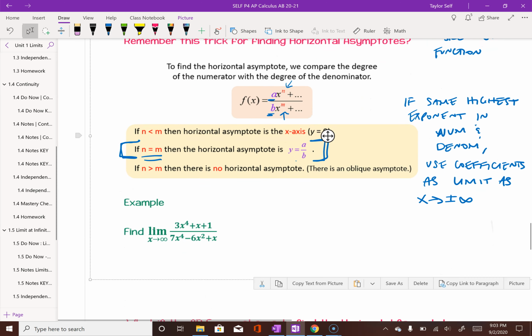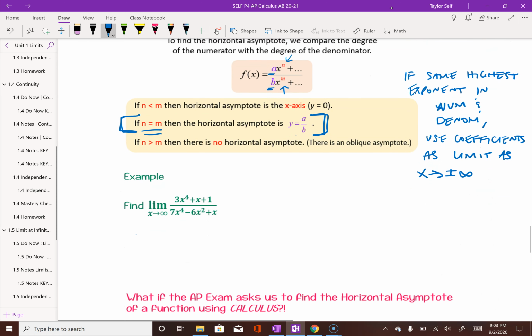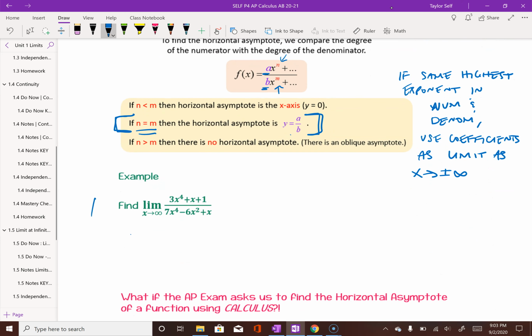Okay, so here's an example of that. Write this example down. Find the limit as x approaches infinity of 3x to the 4th plus x plus 1 over 7x to the 4th minus 6x squared plus x.